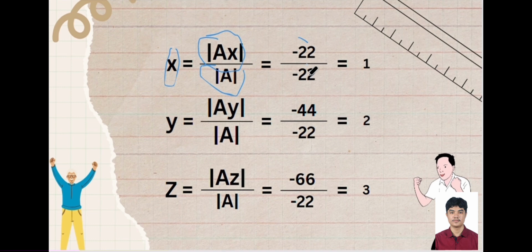Divided by negative 22, we get 1. For the y value, we use the AY determinant value, negative 44, divided by the A determinant value, negative 22, we get 2. And the determinant Z divided by A, we are left with the answer of 3.